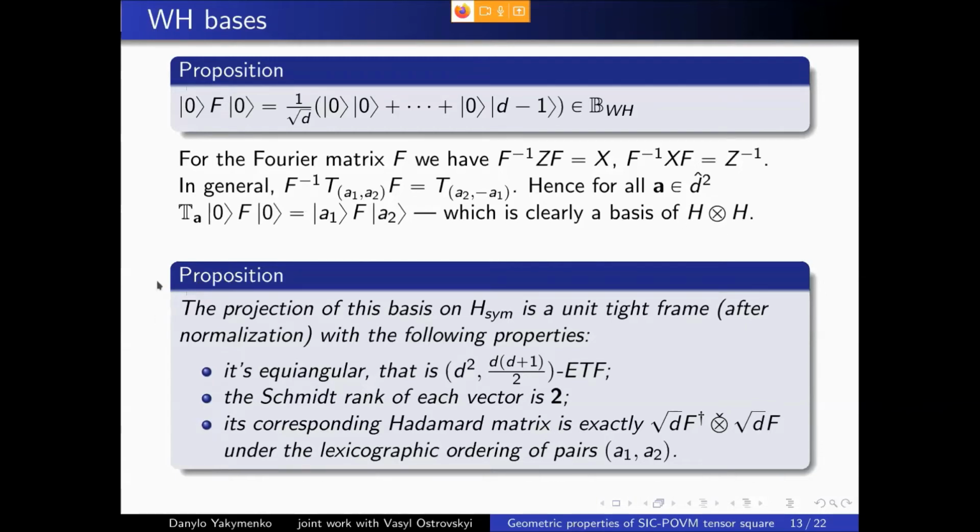And here, this basis already has some very surprising properties. Well, first of all, once we project this basis on the symmetric subspace, we can think of it as a unit-type frame, well, after normalization, and it also will be equiangular, right?